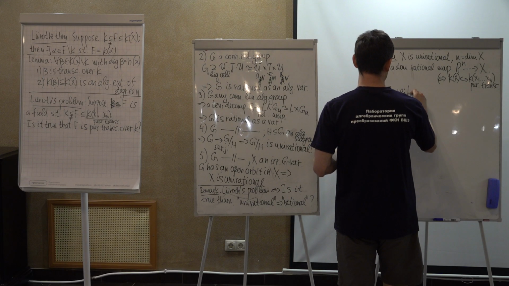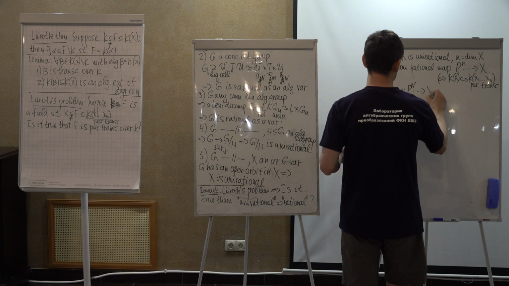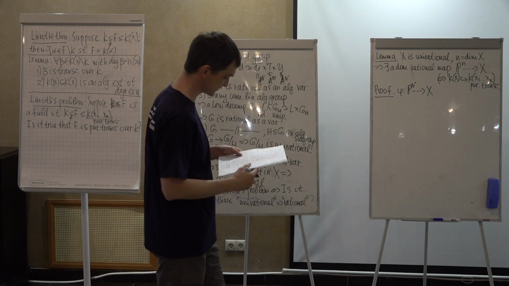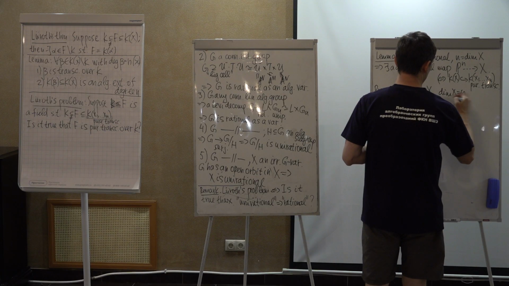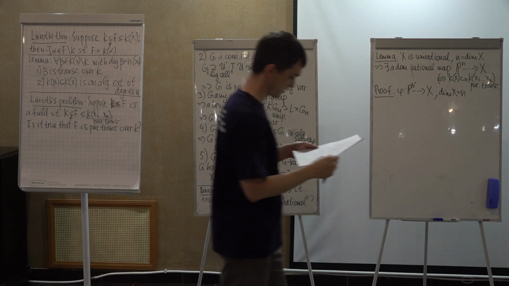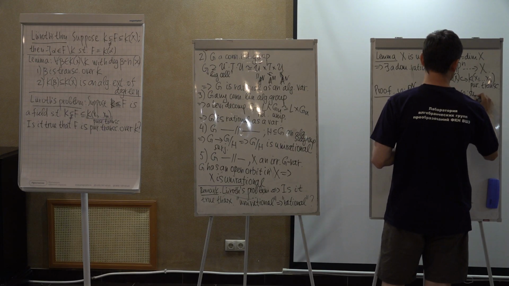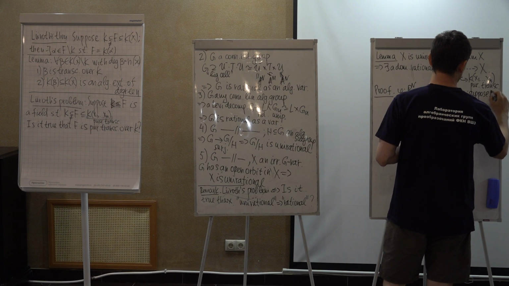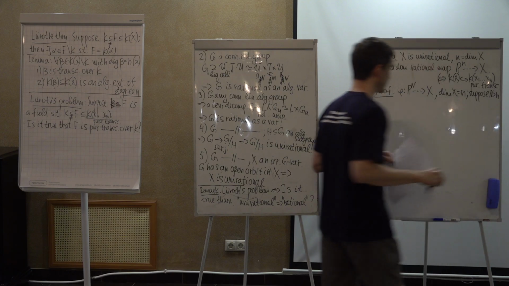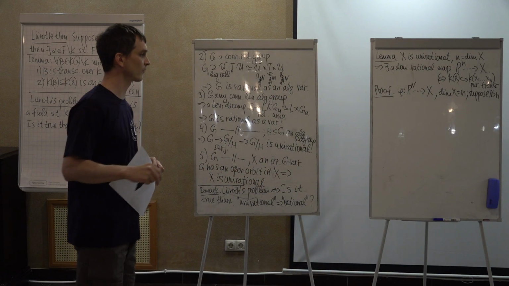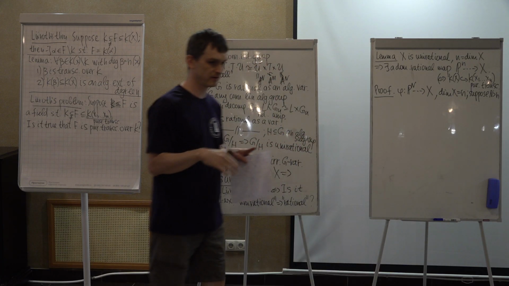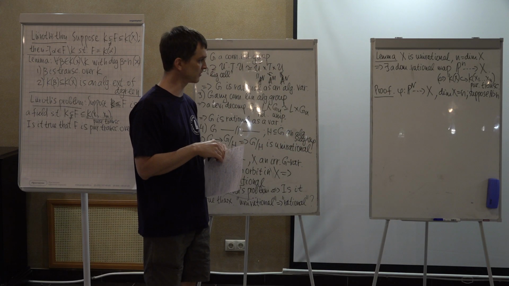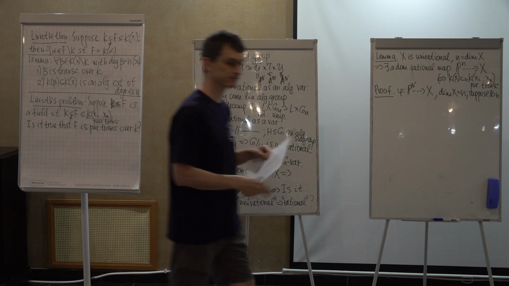Assume we have a dominant map from some P^N to X. Let's say n is the dimension of X, and suppose that this capital N is strictly greater than n. I'm going to show how to find a hyperplane in this P^N for which the restriction of the map will still be dominant in this case.